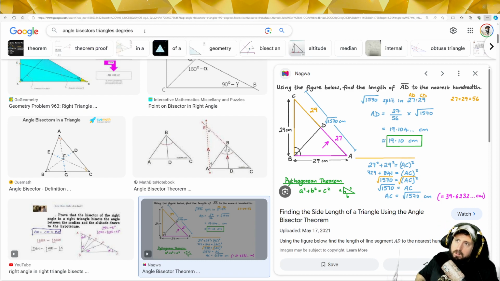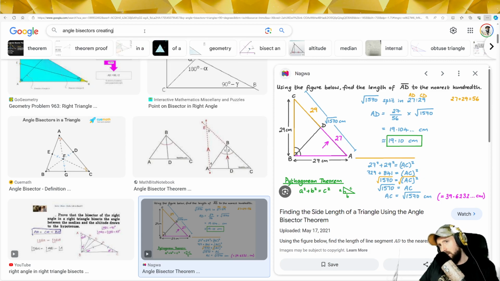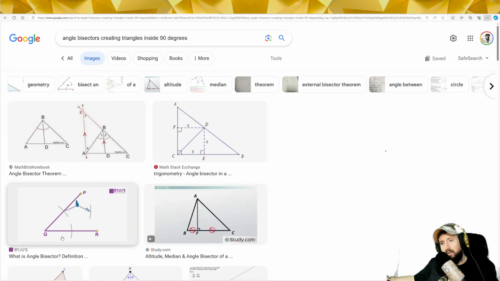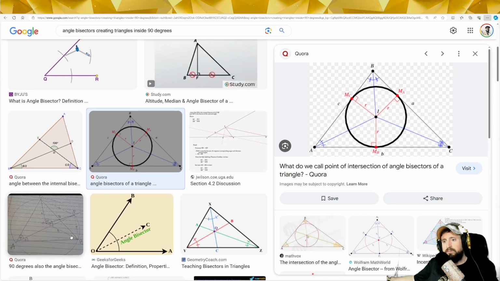Angle bisectors, angle bisectors creating triangles inside 90 degrees. Maybe something will come up. We'll just see. Yes, this is if it's like a centroid. I know this one.